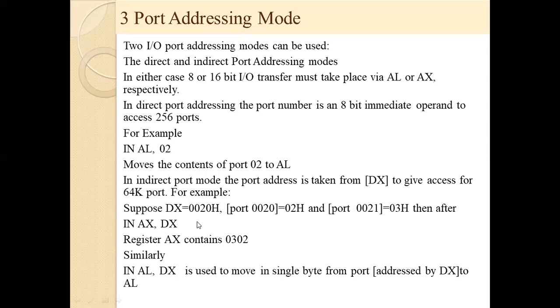So the microprocessor will take data from the initial address given by the DX and move that data inside the AL. Then the microprocessor will increment that address, and from the next port it will take another byte of data and put it inside the AH. By this means, 2 bytes of data can be taken from 2 ports, but the address is given for the first port. After increment, you will get the address of the second port as well.